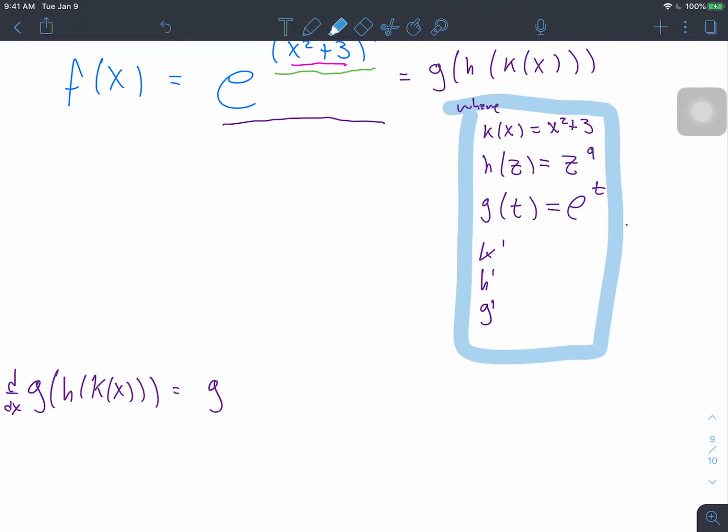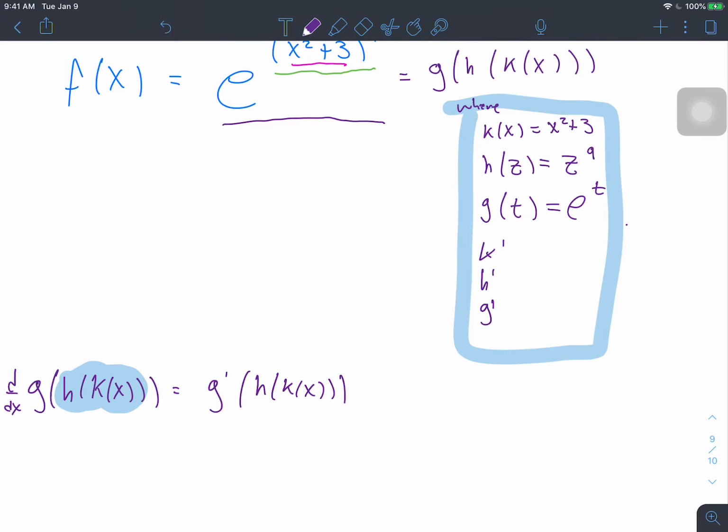I'm going to treat this whole inside thing as its own function and just use the chain rule. The chain rule says, derivative of the outside, leave the inside alone, then multiply by the derivative of the inside. So I'm going to write g prime of, leave the whole inside alone, h of k of x.